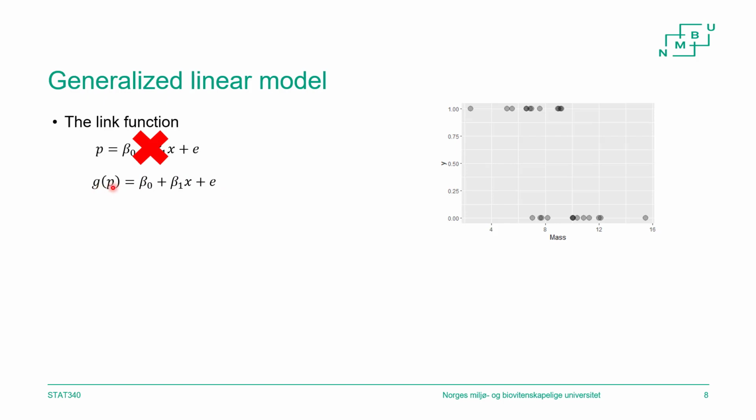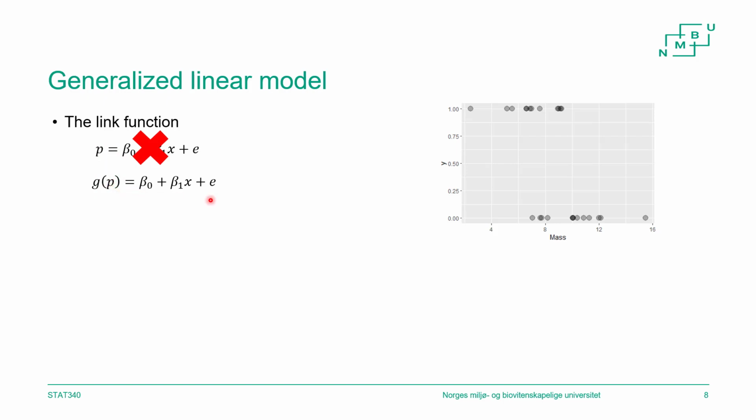So g of p is now a function of p. We haven't said which one yet, but you can easily see that this makes it more flexible, because it doesn't have to relate to the response directly, but to some function of the response.